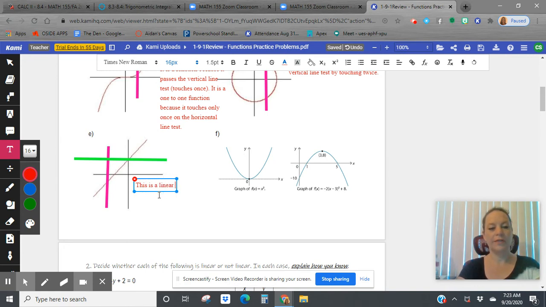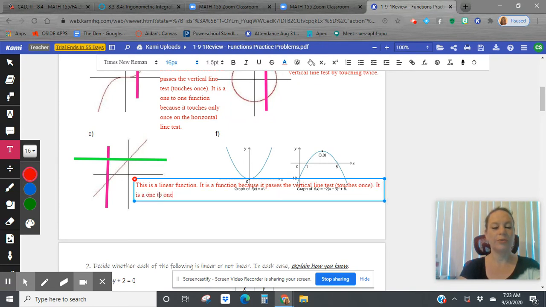This is a linear function, graph of just a straight line. It is a function because it passes the vertical line test. It is a one-to-one function because it touches once on the horizontal line test.